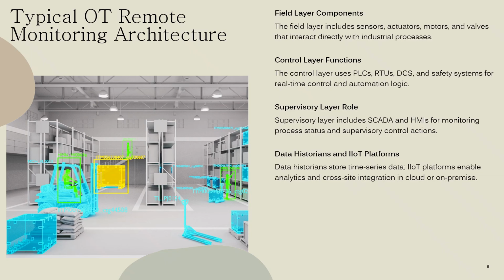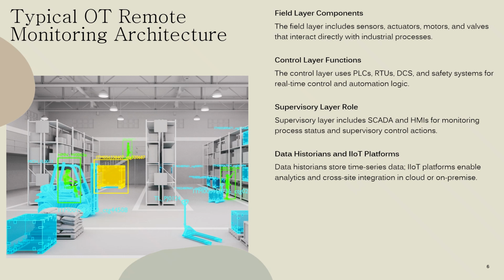In modern architecture, data from the supervisory layer is forwarded to data historians and IIoT platforms, either on premise or in the cloud. Historians store large volumes of time series data for analysis and reporting, while cloud platforms enable advanced analytics, cross-site visibility, and integration with enterprise systems.